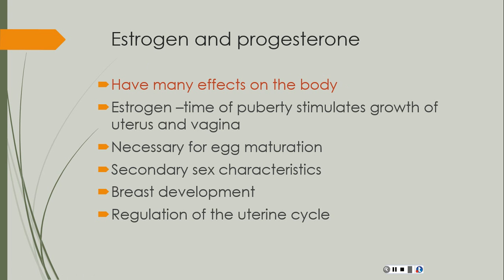In general, estrogen helps with the timing of puberty, stimulates growth of the uterus and vagina, and is necessary for maturation of the egg cells. It's responsible for secondary sex characteristics and breast development, and is also involved with regulation of the uterine cycle, the menstrual cycle.